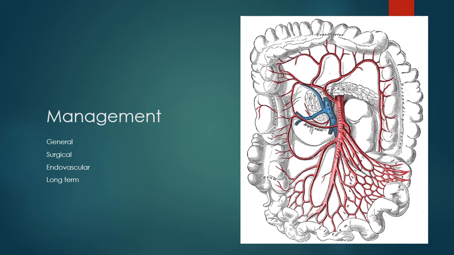Now, if the ischemia is actually due to thrombosis, then in that case, the option is not necessarily embolectomy, or even endarterectomy, but usually some form of bypass.